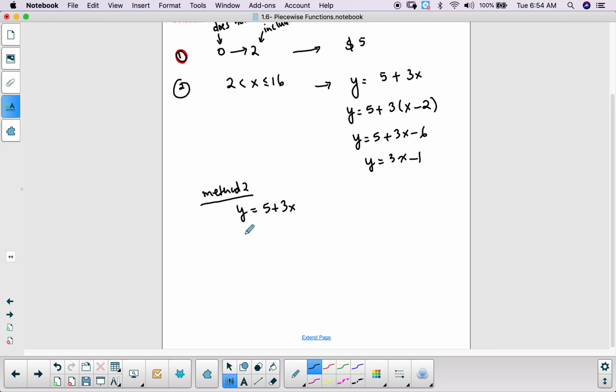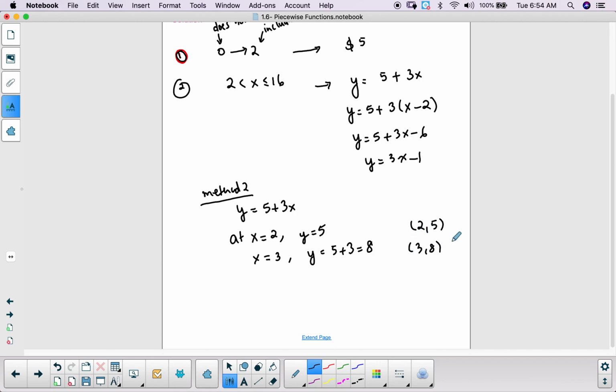So at x equals 2, the y value is 5, we know that. Let's say another value of x, let's say at 3 hours, then you would pay 5 plus 3, which is $8. So you have 2 points here on this line, 2 comma 5 and 3 comma 8.